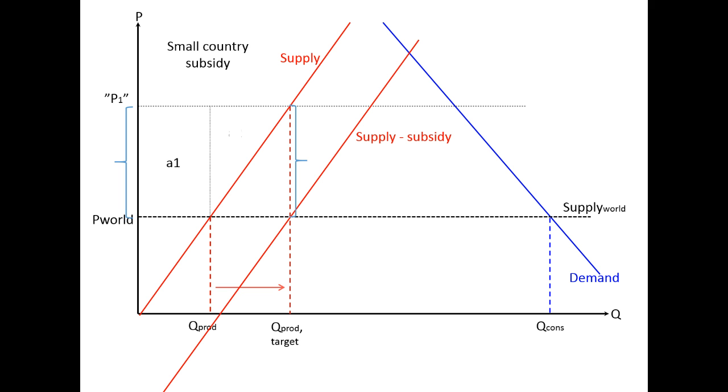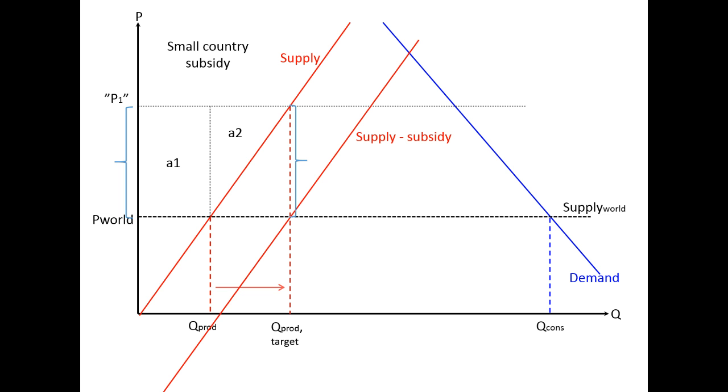This will give us the original areas that we had earlier. We will have A1 as increased producer surplus, since they are now receiving a higher revenue for the units that they produced originally, and we will have A2, the increased revenue minus the production cost for the newly produced units.